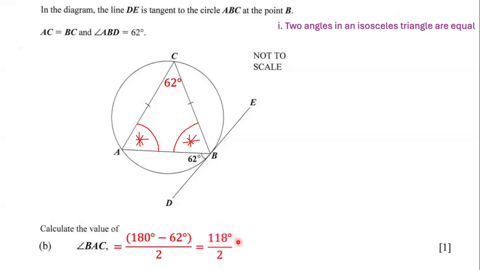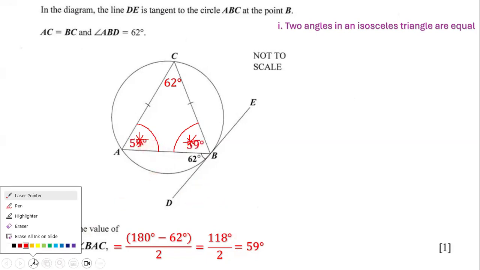But we have to take 118 and divide it by 2, because we have to split it into two equal parts such that both of these angles get the same amount. So 118 divided by 2 means this is 59 and this must also be 59.